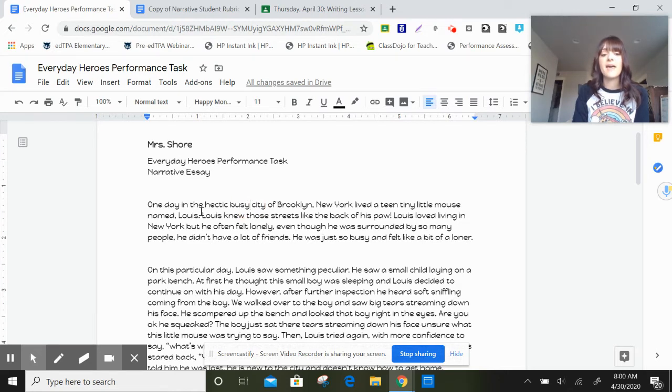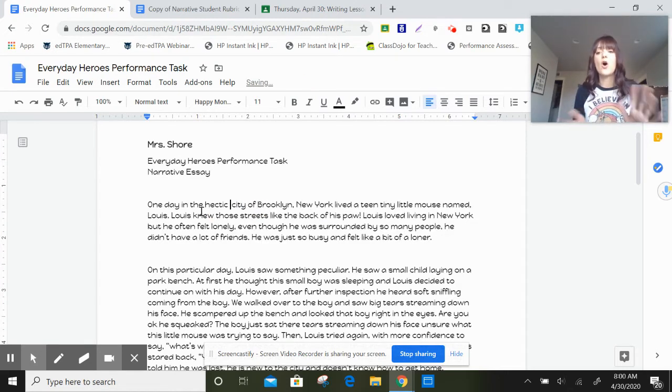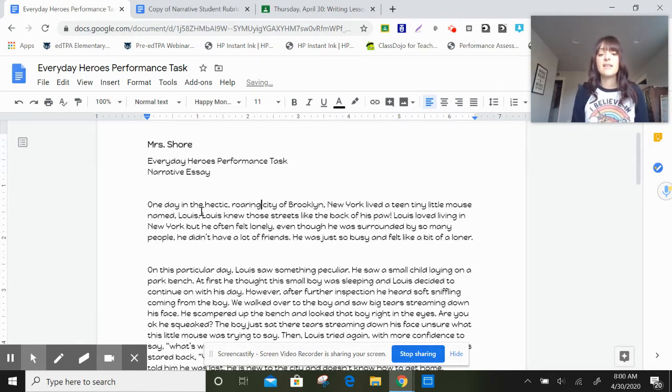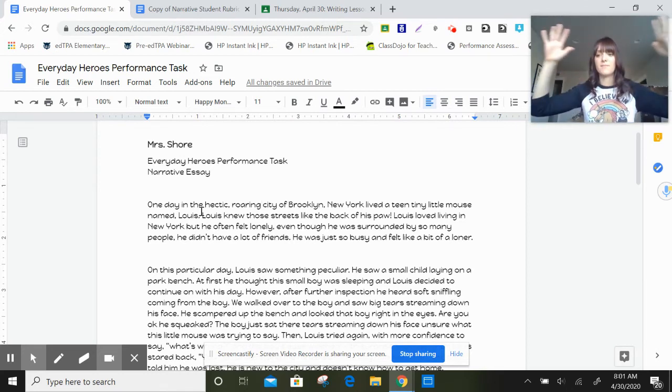One day in the hectic, busy is an okay word, but hectic roaring city of Brooklyn. So roaring is actually an example of personification because a city doesn't really have a mouth, right? It's like a bunch of buildings and people.